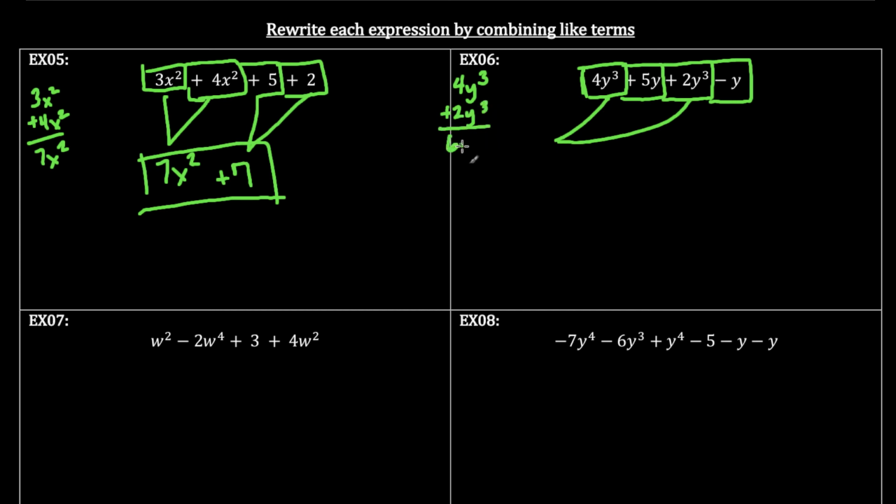I get 6y to the third. And lastly, I have this plus 5y and this minus y. Remember, we can put a 1 if you need. So 5y, minus 1y is positive 4y. So plus 4y.